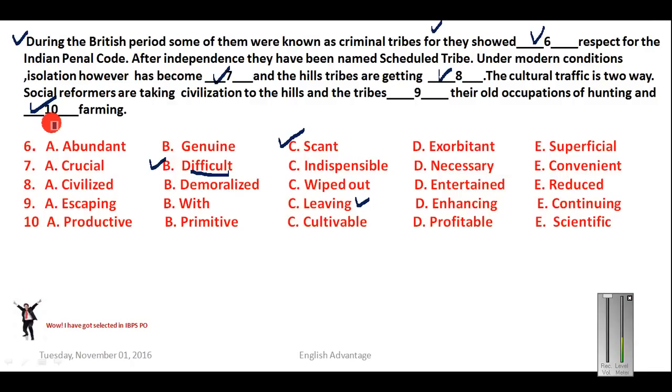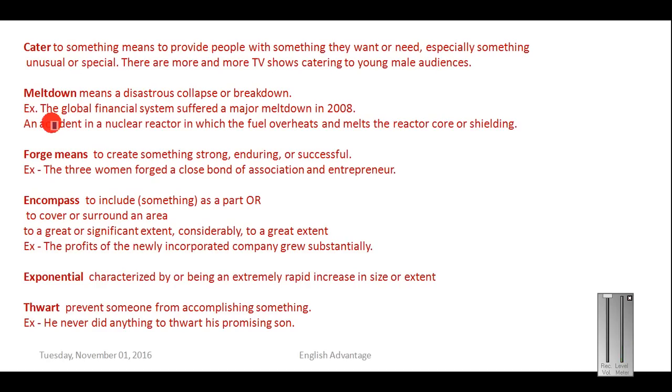Now here I have explained different words to you. These words are very important. You can pause and go through all these words. You can study them at your own convenience. Like cater to and meltdown, all I have given here.